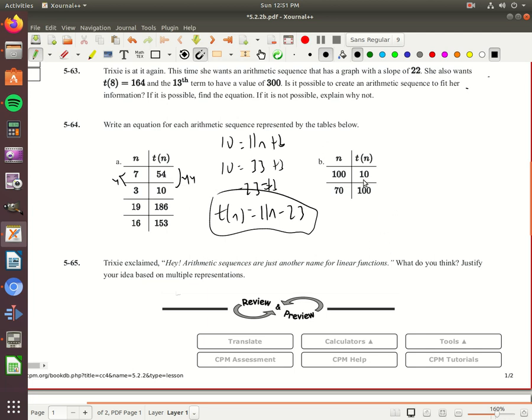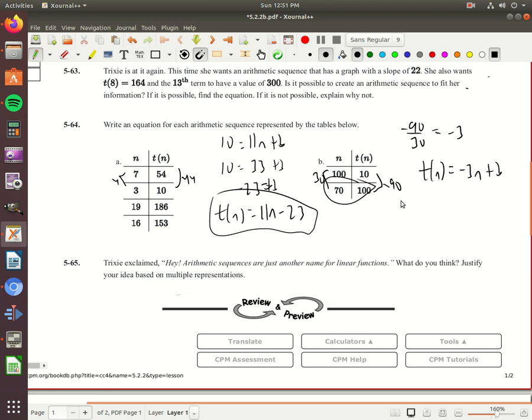And then the next one, you can see here that as we lose 90, we gain 30, right? So we have a slope here of negative 3. And then I'll just grab t of n and n. So t of n equals negative 3n plus b.